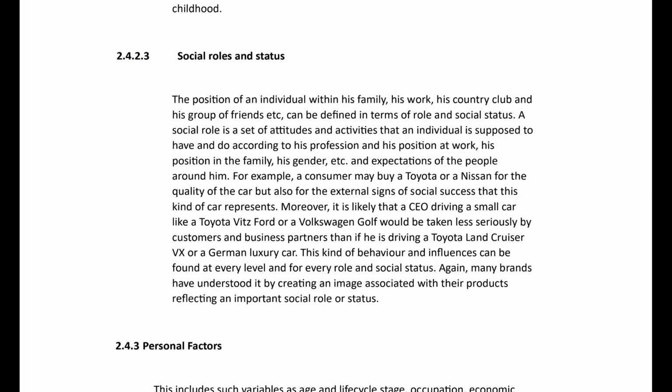A social role is a set of attitudes and activities that an individual is supposed to have or do according to his profession or his position at work, or his position in family, his gender, or the expectations of the people around them. Those are social roles. For example, a consumer may buy a Toyota or a Nissan for the quality of the car, but also for the external signs of social success that this kind of car represents.